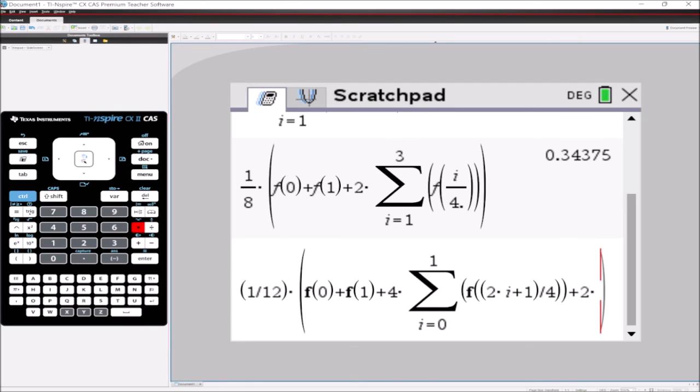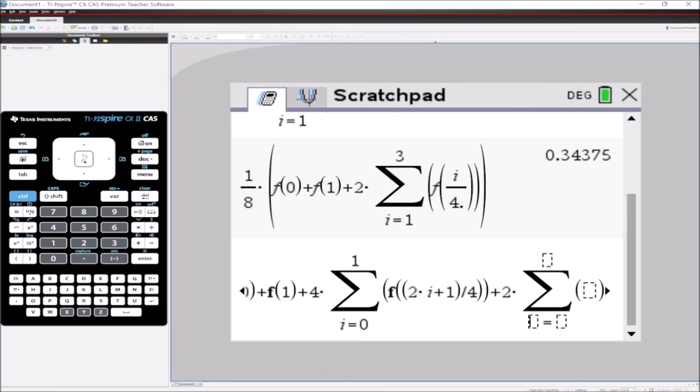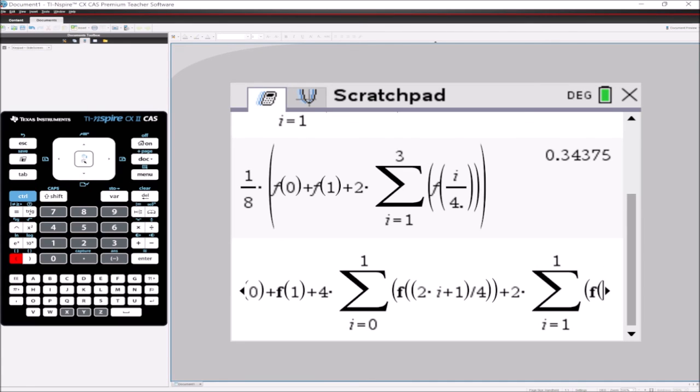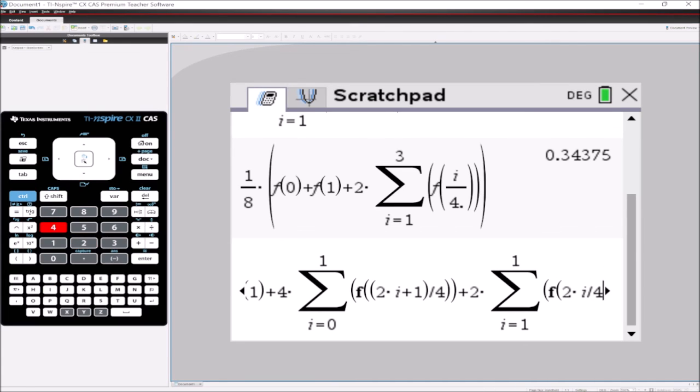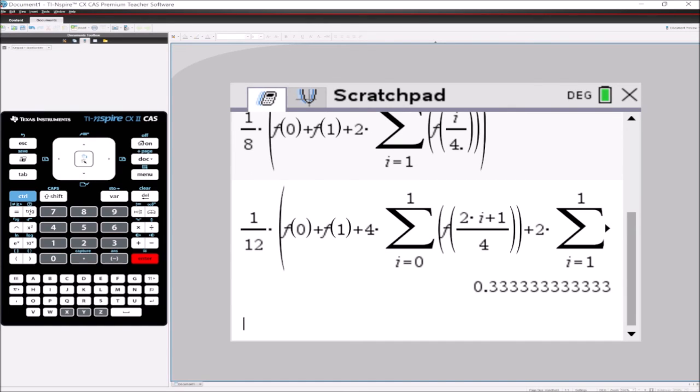So menu, calculus, sum, i equals 1 to 1, f of 2 times i over 4. And if we put a decimal point after that last 4 and hit enter, we get 0.3 repeating, so 1/3.